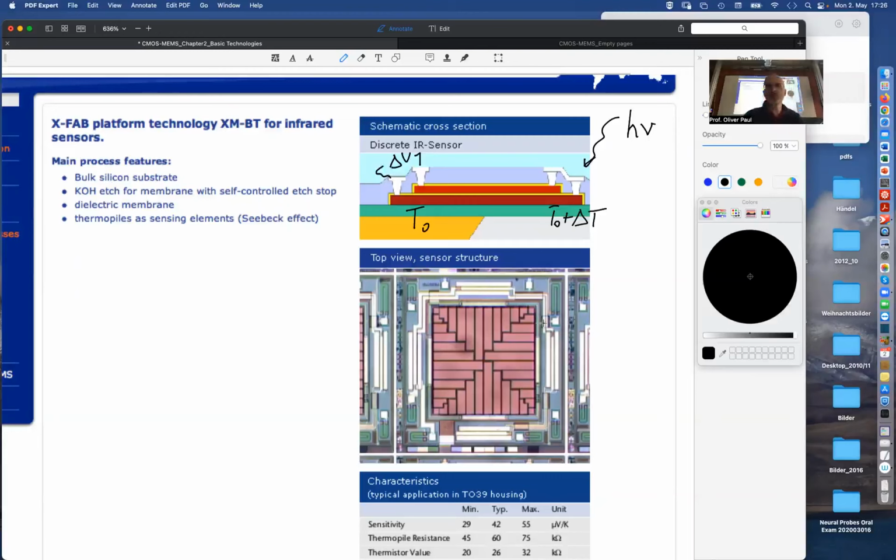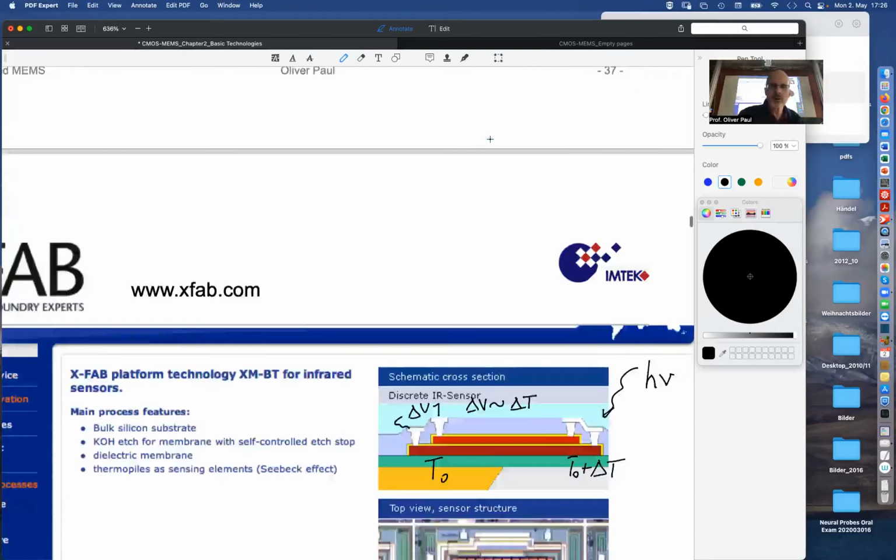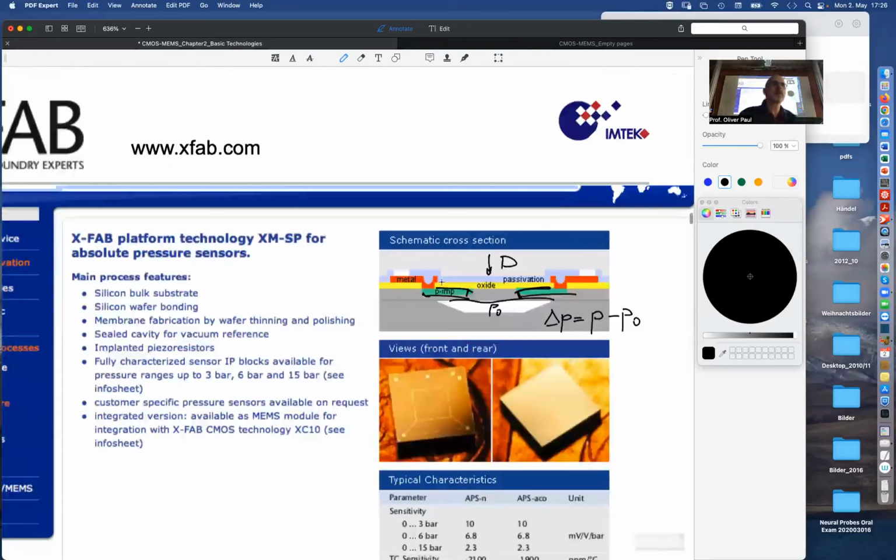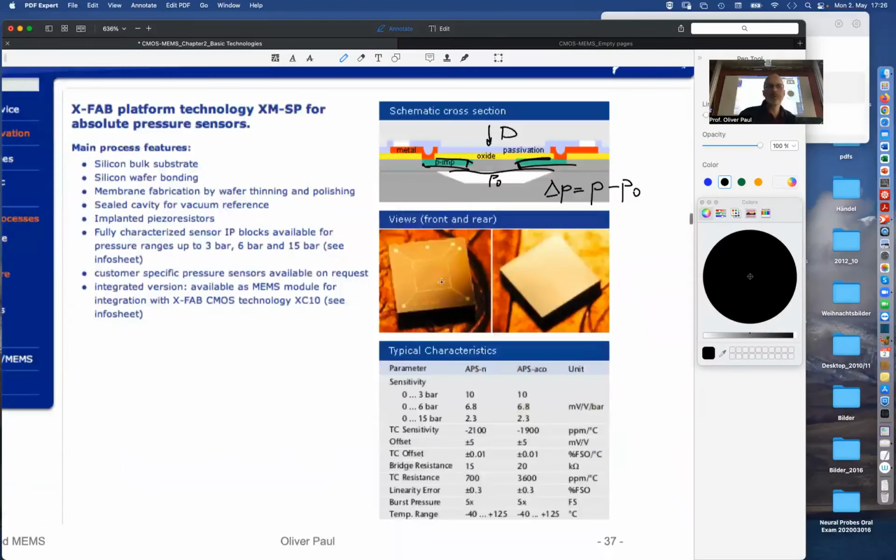And delta V is proportional to delta T. The proportionality constant is called the Seebeck coefficient or thermal power, and we'll see all of that in the chapter on thermal sensors later. Just as we will also look in detail at this kind of sensors when we talk about piezoresistance.